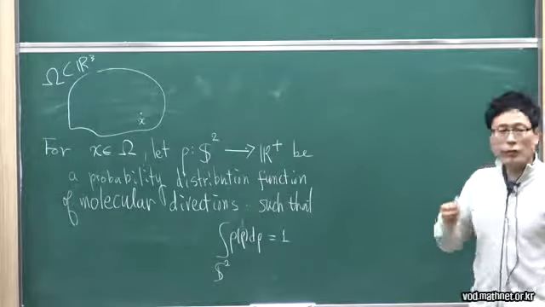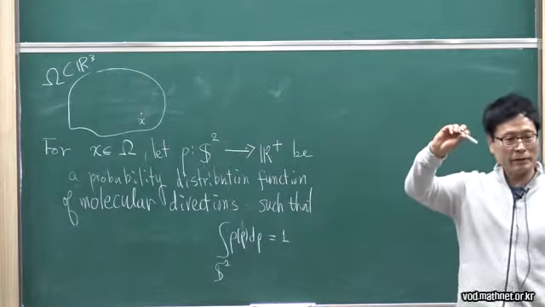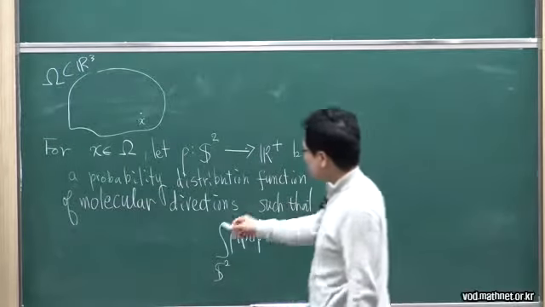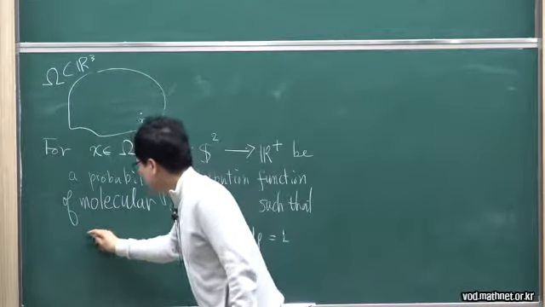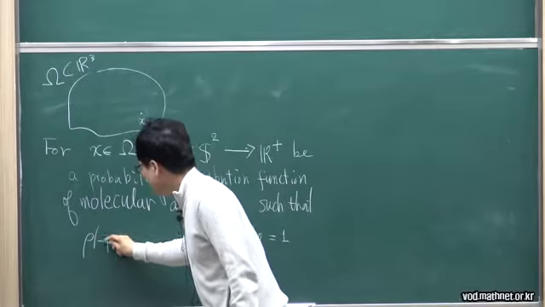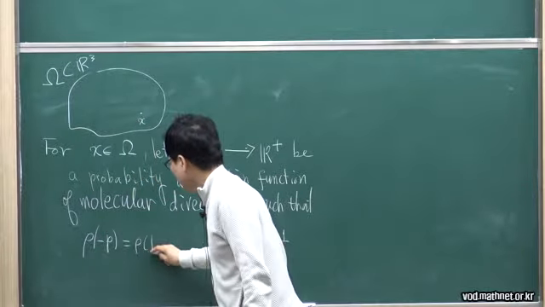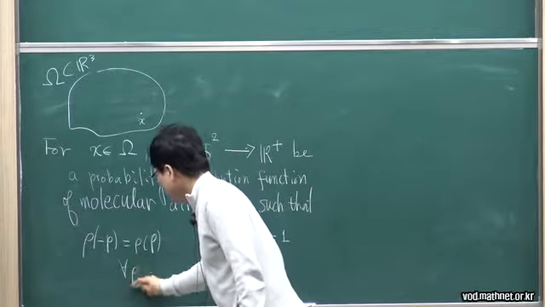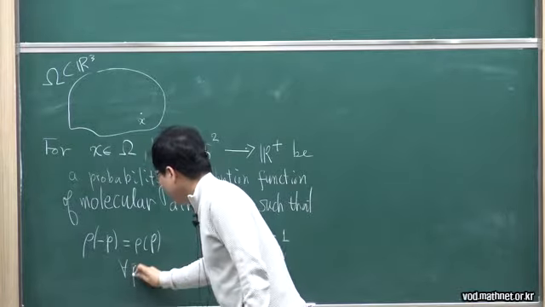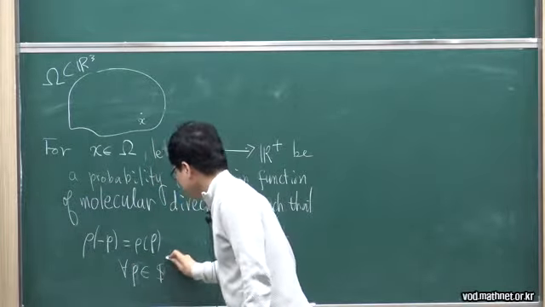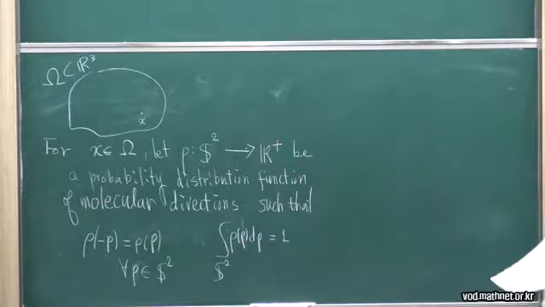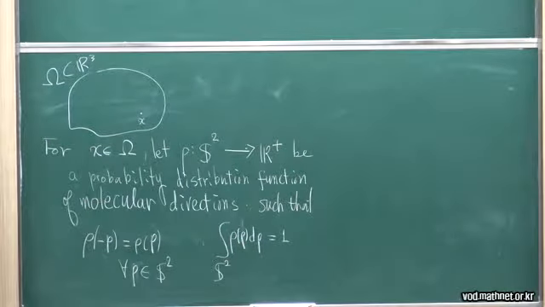And also, the molecule has no head and tail, so this satisfies the symmetry condition: rho(minus p) equals rho(p) for every p in S2. So this is the distribution function for molecular directions.